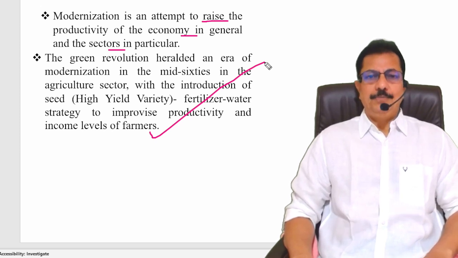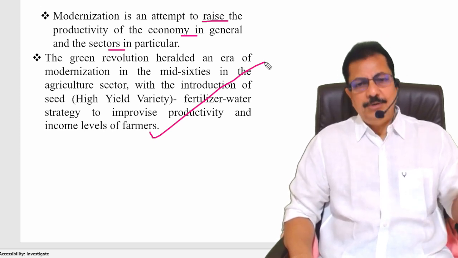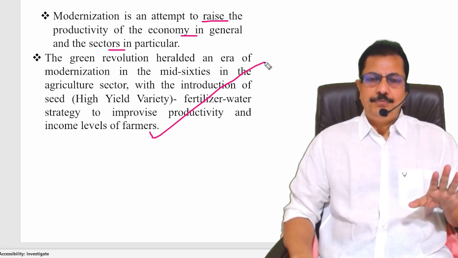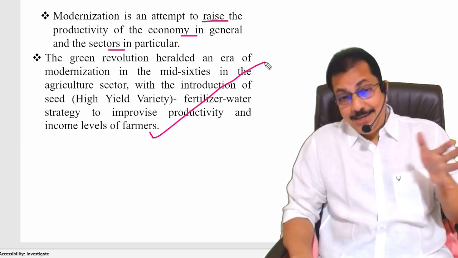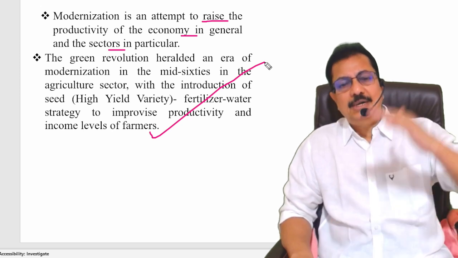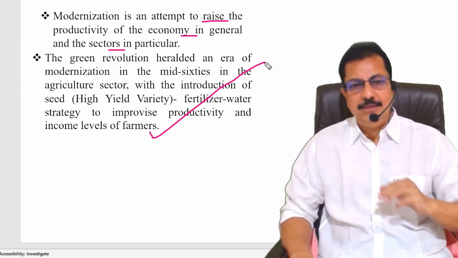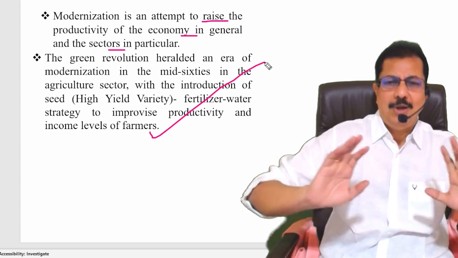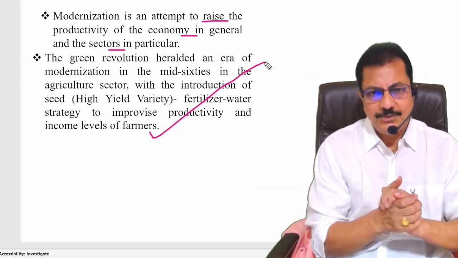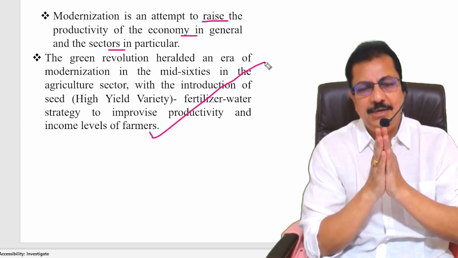Now, similarly, when it comes to our agriculture. So though India was depending on agriculture, the agriculture productivity was low. But with the introduction of the Green Revolution in India during the Prime Ministership of Srimati Indira Gandhi, with all the wholehearted contributions by Dr. M.S. Swaminathan, so I have to salute him, the great personality.